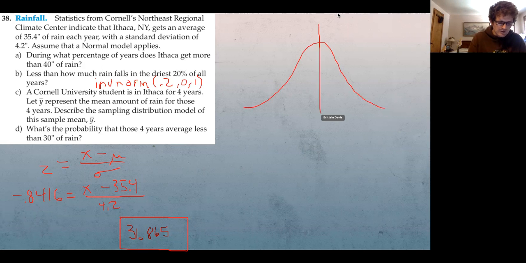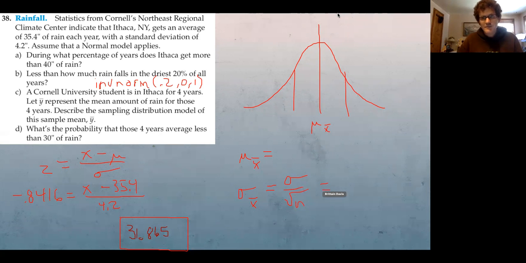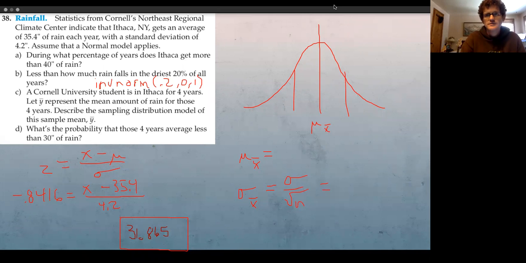I hope you guys could do this one on your own, but just to wrap this up, we know that we're going to have a mean of our sampling distribution of means along with a standard deviation. What are these two values going to be? I'll let you guys solve those individually. I will remind you of the formula here, since you might not have that memorized. So go ahead, fill in what the answers are for our model.